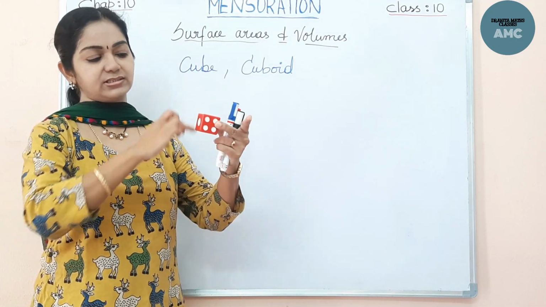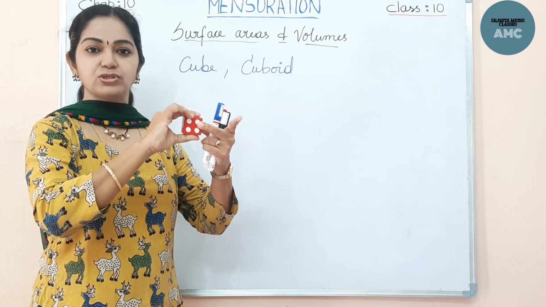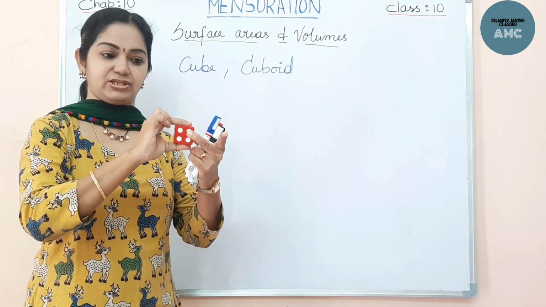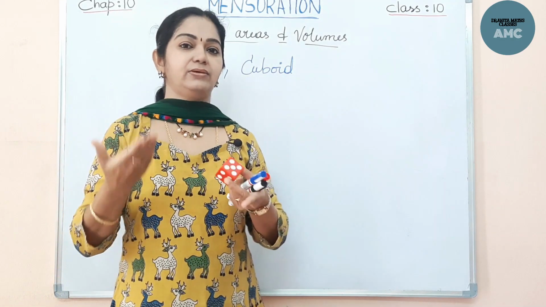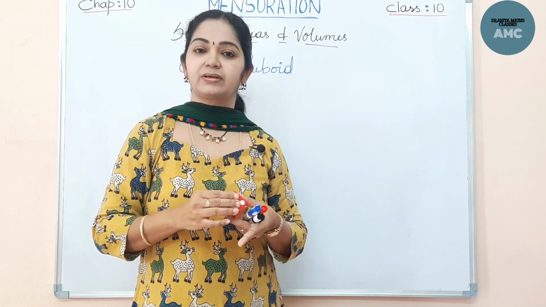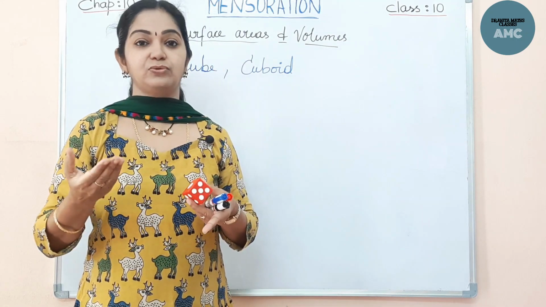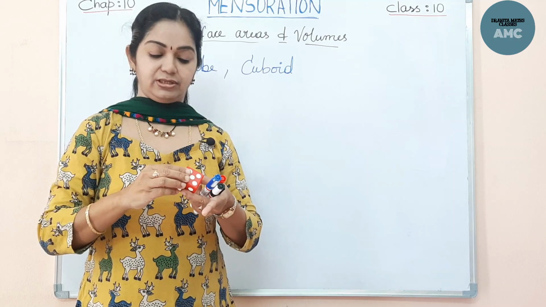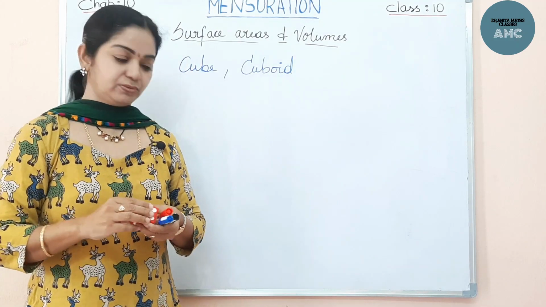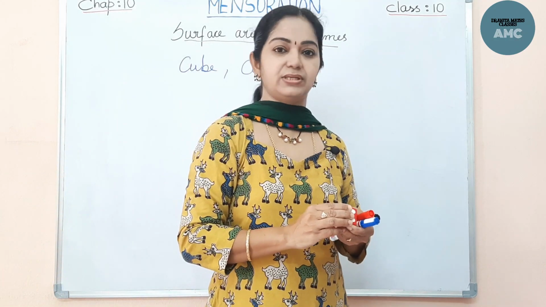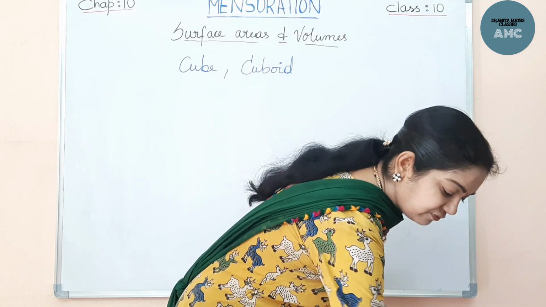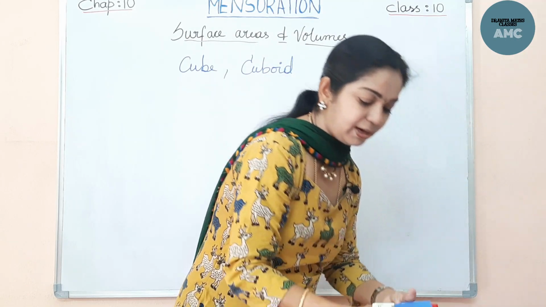Now we have learned the surface area and also the volume in the previous sessions. Can you give me another example of a cube? The Rubik's cube which you play in your lower classes is also an example of a cube. Now how do you differentiate between a cube and a cuboid?